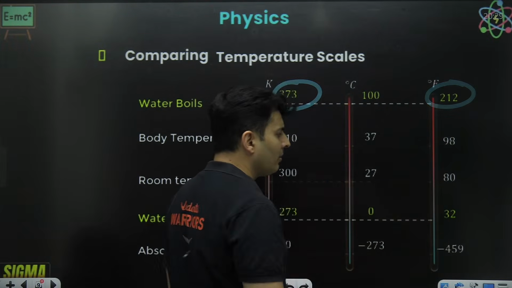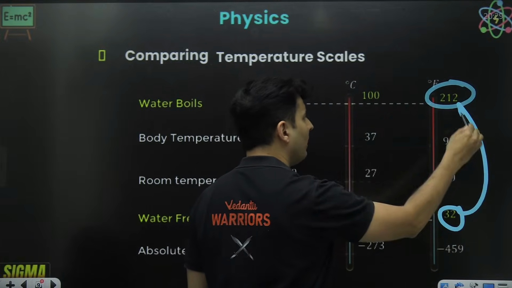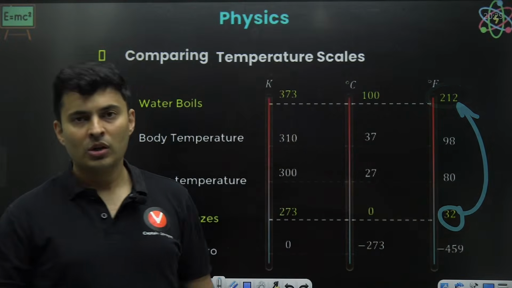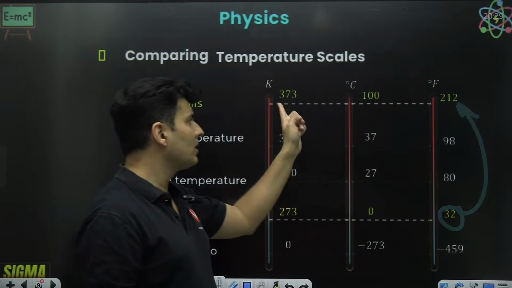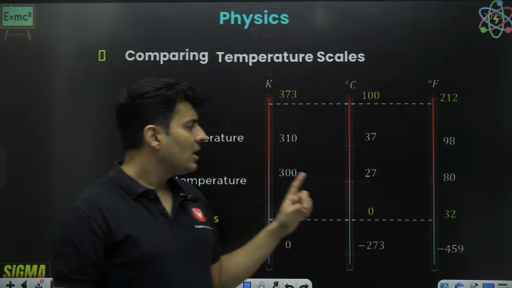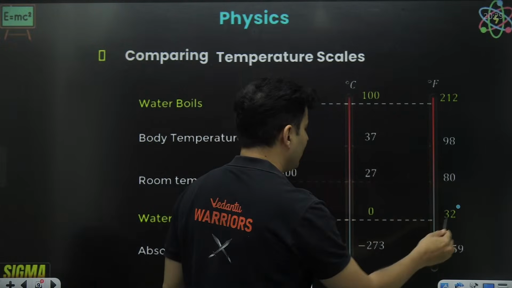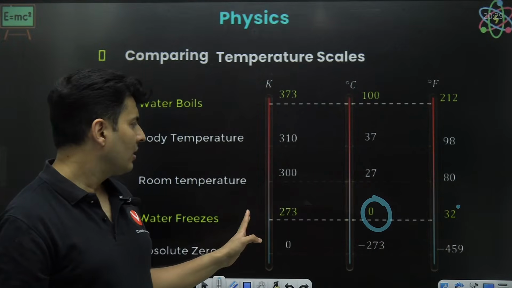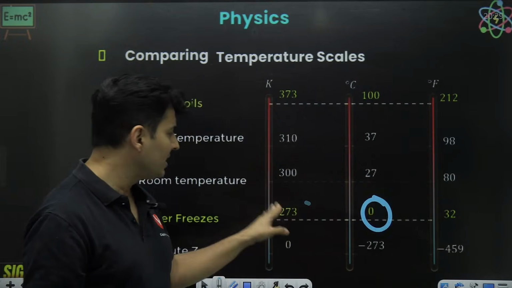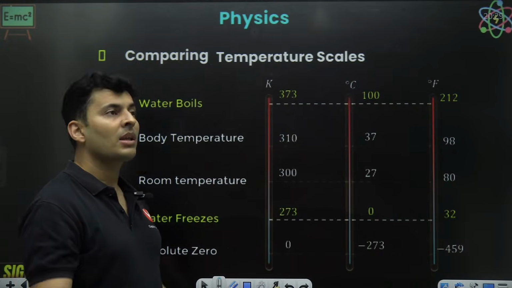Very easy numbers to remember. From 32, you have gone to 212. So 212 Fahrenheit is 100 degrees Celsius, is also 373 Kelvin. 32 Fahrenheit is 0 degrees Celsius, which is 273 Kelvin.